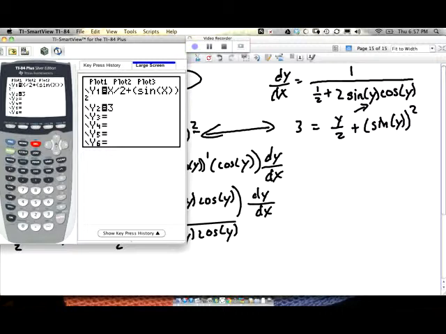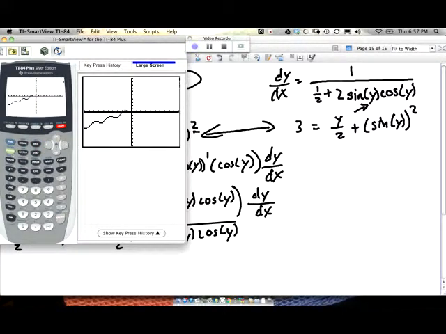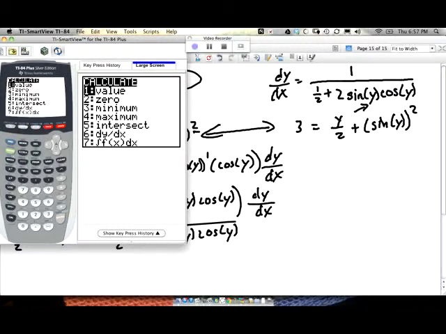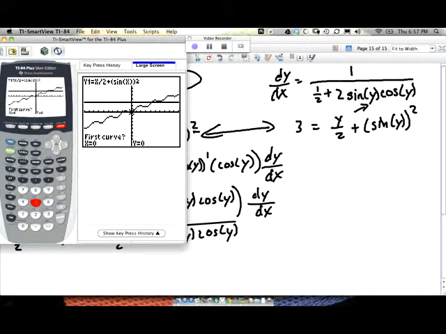So let's graph it. Well, that's kind of interesting. When does it happen? Looks like it happens right about there. So let's second calculate this. Where is that? Any guesses? I don't have a guess.